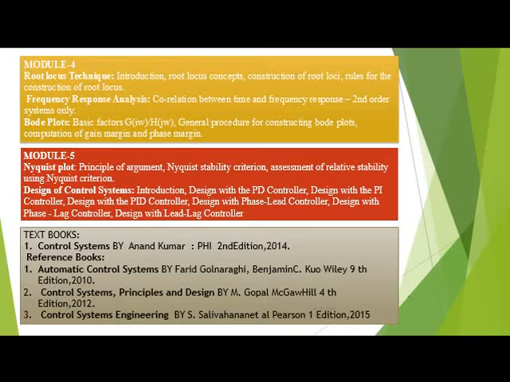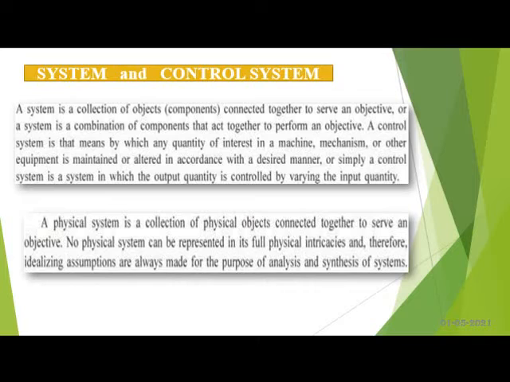The references are Automatic Control Systems by Benjamin Kuo, Control Systems Principles by M. Gopal, and Control Systems Engineering, also one of the textbooks. As per the syllabus, only Control Systems by Anand Kumar is needed, and it contains everything given in the syllabus. Okay, let us start now.